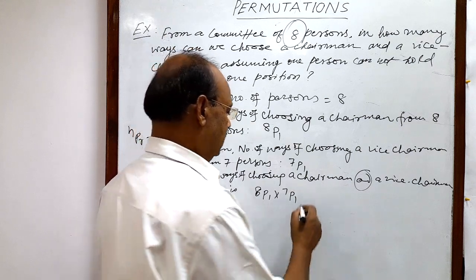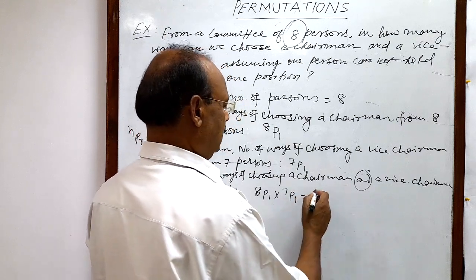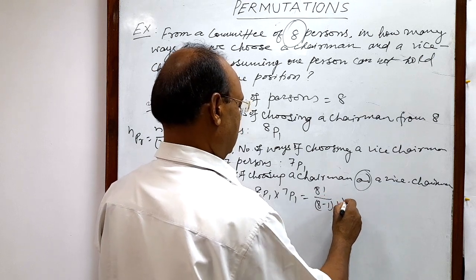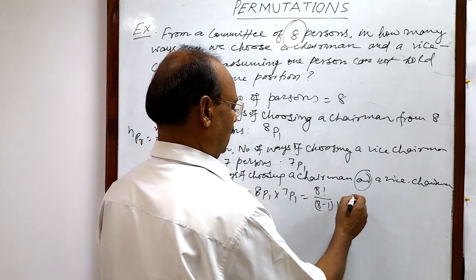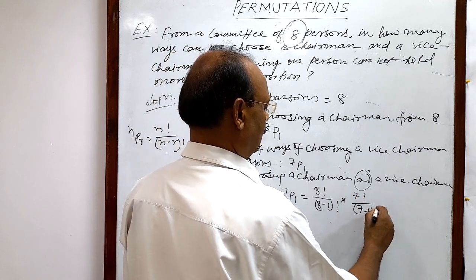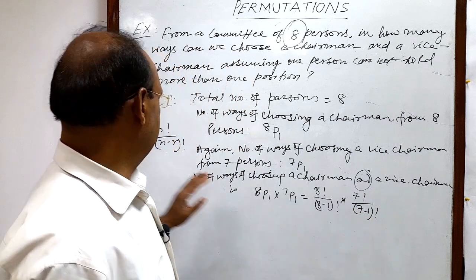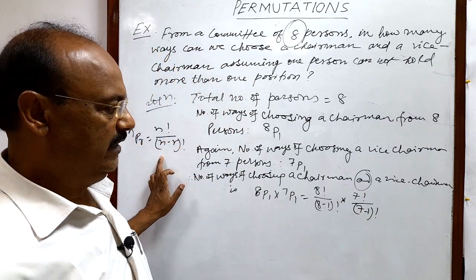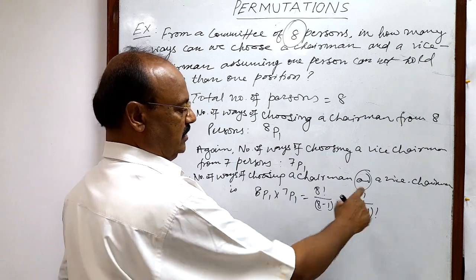We'll get the answer. So 8P1 means 8 factorial by 8 minus 1 factorial, and 7P1 means 7 factorial by 7 minus 1 whole factorial. We are using this formula here: nPr is equal to n factorial by n minus r factorial. So now let us calculate it.